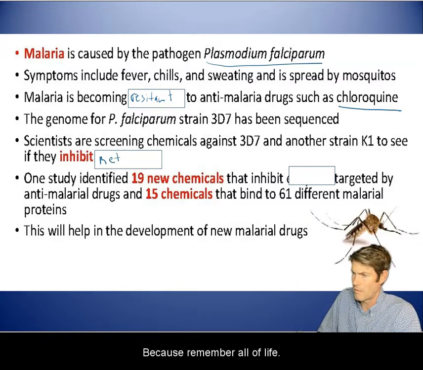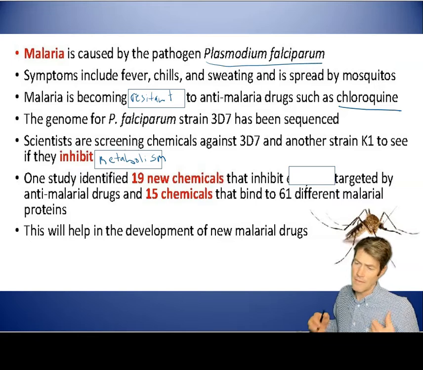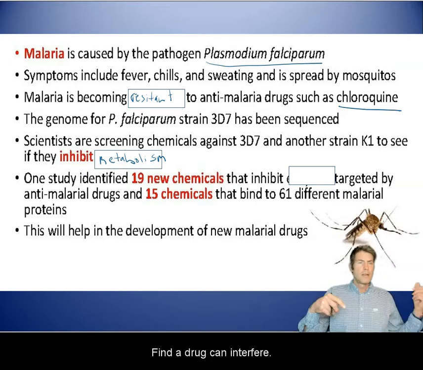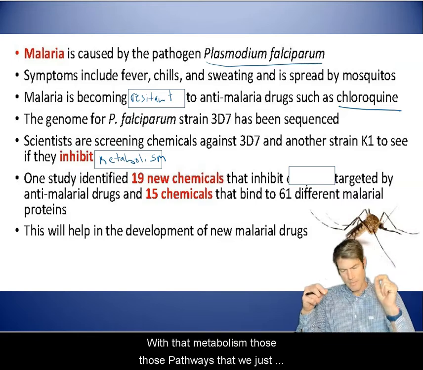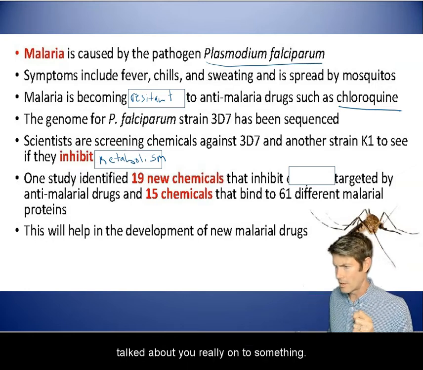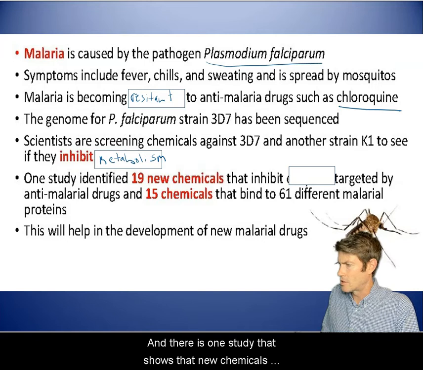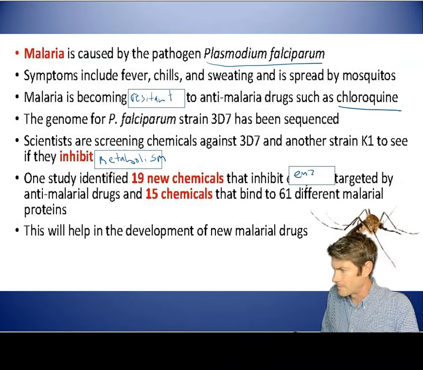Because remember, all of life is based on metabolism and how energy is processed. So if they can find a drug that can interfere with that metabolism, those pathways that we just talked about, you're really onto something. And there's one study that shows that new chemicals inhibit enzymes.